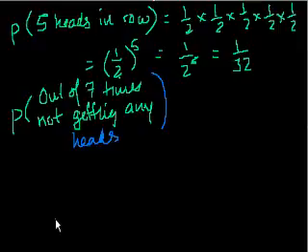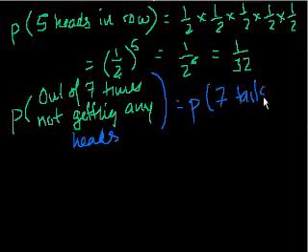Well, that might seem a little bit more convoluted to you, but just think about it. The probability of not getting any heads out of the 7 flips, what has to be true then? We got all tails. That's equal to the probability of getting 7 tails in a row. And what does that equal? Well, the tails are equally likely to the heads.